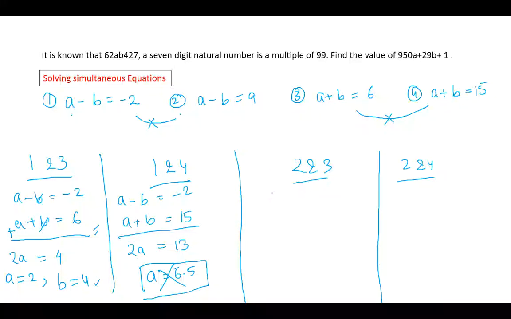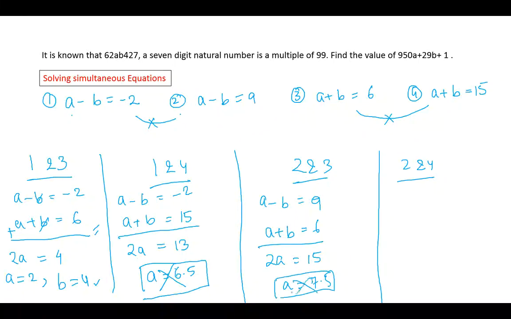Let's look at 2 and 3. Yeah, a minus b equal to 9 and a plus b equal to 6. If I add these two, I'll get 2a equal to 15 and a equal to 7.5, which is again not correct.